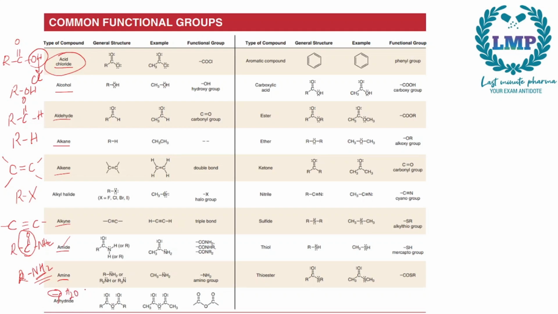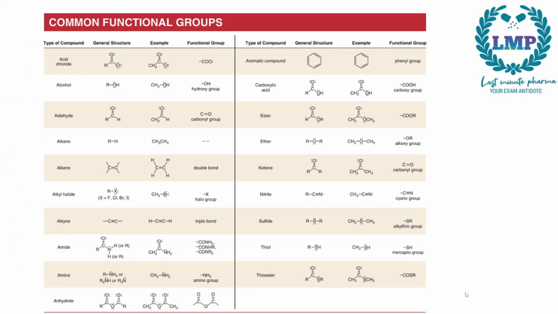Now if we take carboxylic acid, that is R C double bond O OH, and two carboxylic acids, so again another R C double bond O OH. Now if we remove water from this, we will get R C double bond O O C double bond O R, which is an acid anhydride. Anhydride, as in the removal of water.